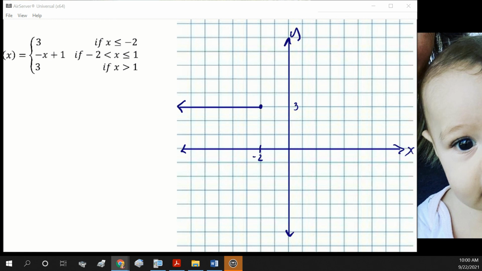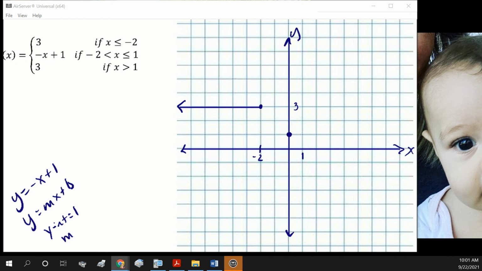Okay. And then in between -2 and 1, I'm going to have a line segment. What is going to be my y-intercept of that little line segment? If we were graphing this -x plus 1, good. The y-intercept is going to be 1. So I would just put a little dot on my y-axis at 1.